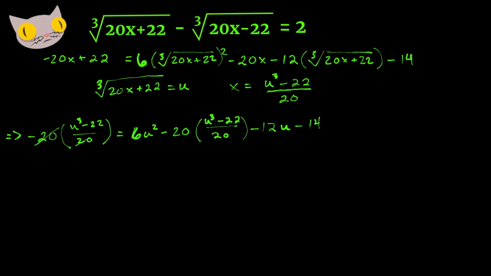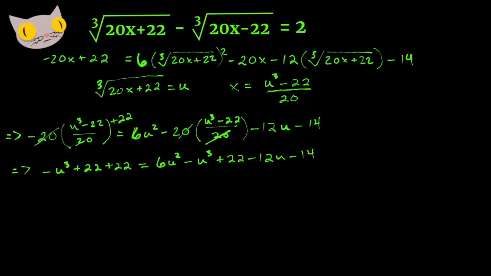These 20s cancel, so we're left with minus u cubed plus 22. Oh, and I forgot the plus 22 up here. Caught that. Plus 22 is equal to 6u squared minus u cubed plus 22 minus 12u minus 14.